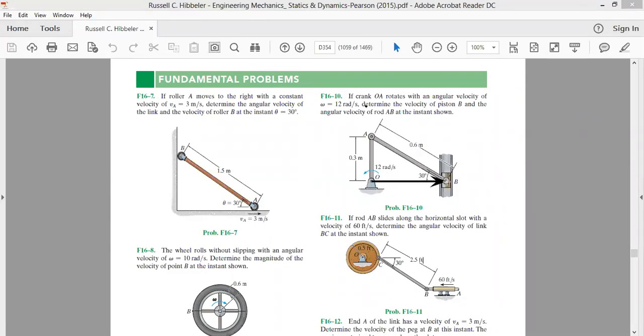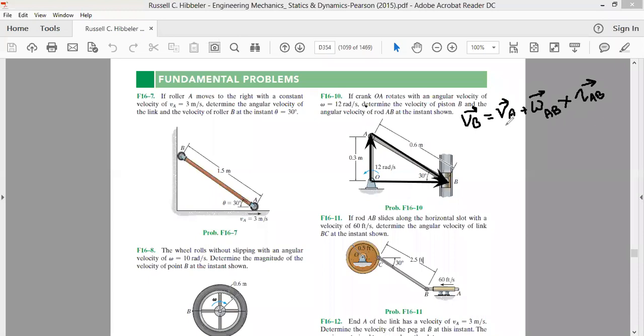We draw the vector from O to B, the vector from O to A, and the vector from A to B. So we write the equation for velocity: velocity of point B is equal to velocity of point A plus angular velocity of AB, which we have to find, cross the radius vector from A to B, that is R_AB vector. This is our equation 1.